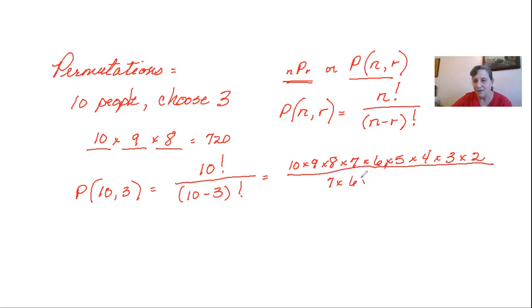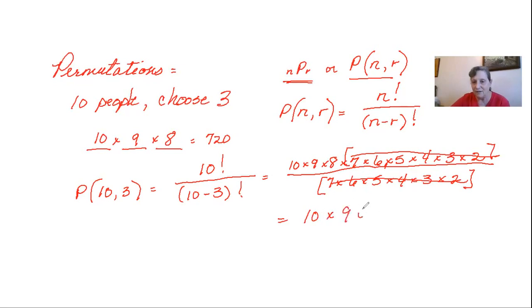So 7 times 6 times 5 times 4 times 3 times 2. Notice that this part and this part simply cancel. And lo and behold, I've got 10 times 9 times 8. So if you're doing it by hand, you might want to do it this way.